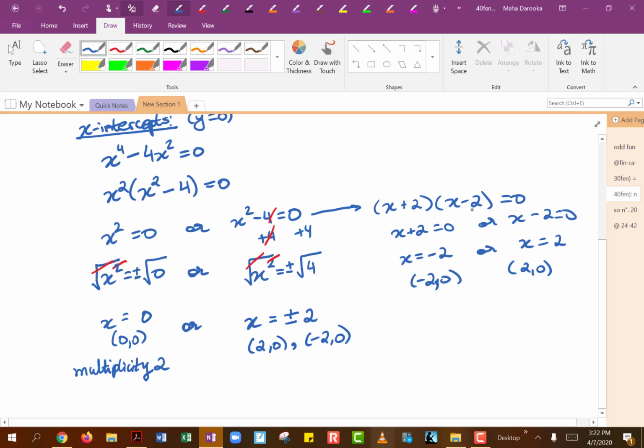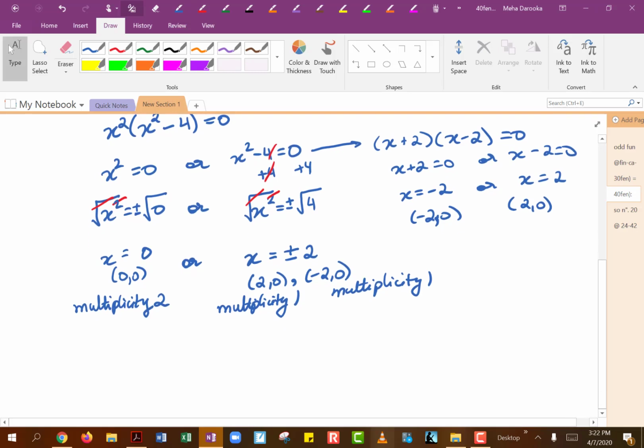So each one of them actually has a multiplicity of 1. So remember, when it is an even multiplicity, your graph will touch, but it does not cross. So at 0, 0, that's a multiplicity of 2, which is an even number.